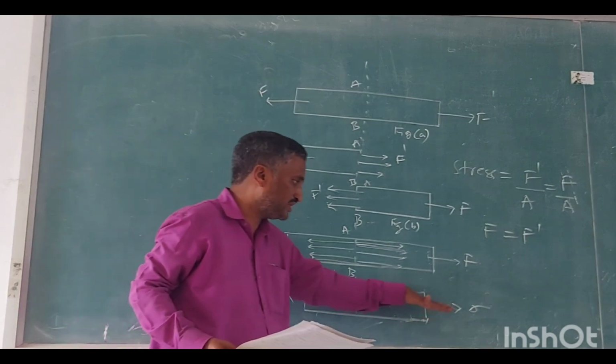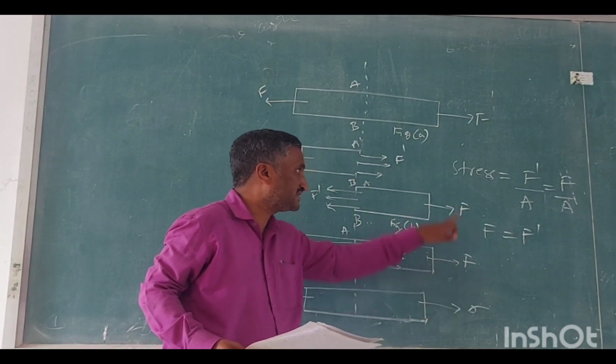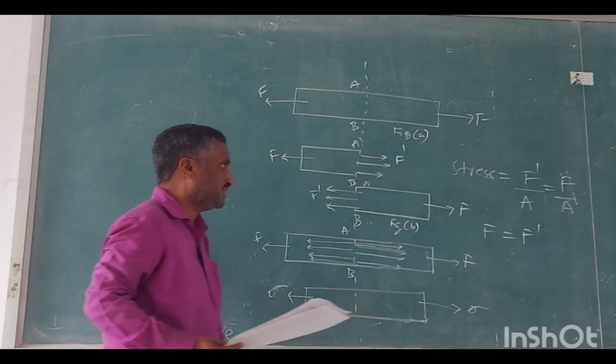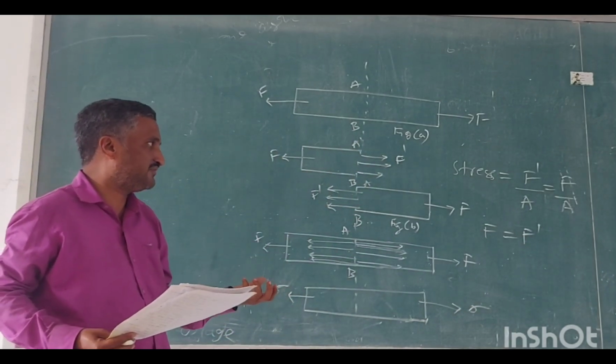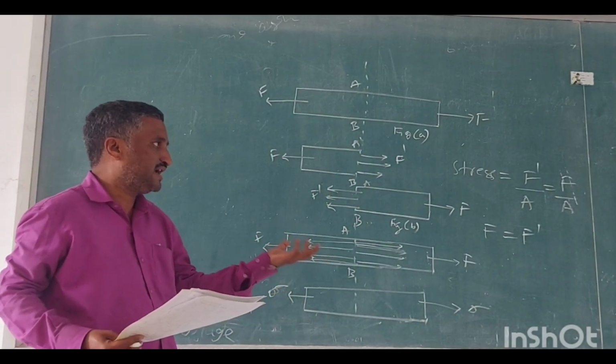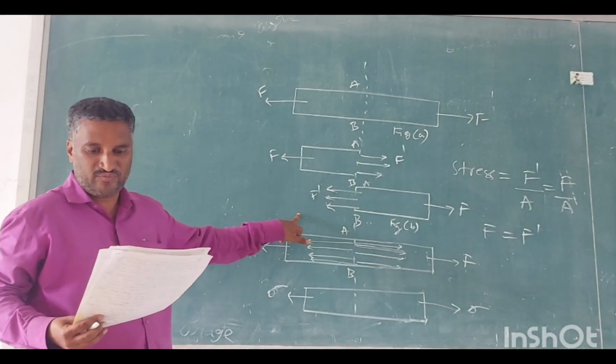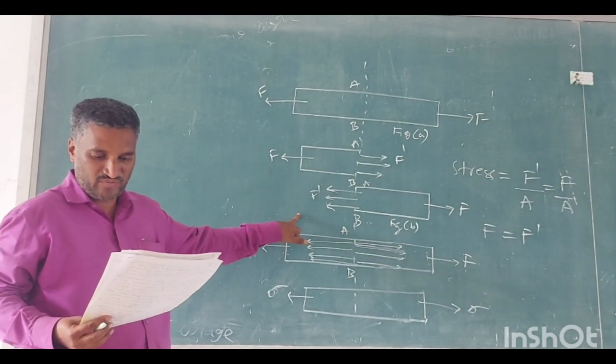In strength of materials also we take rho as the stress, that rho equals F dash by A, or F by A. Where F dash is the internal resistance offered in the body, F is the applied load to the body, and A is the unit area or cross-section area of the body.